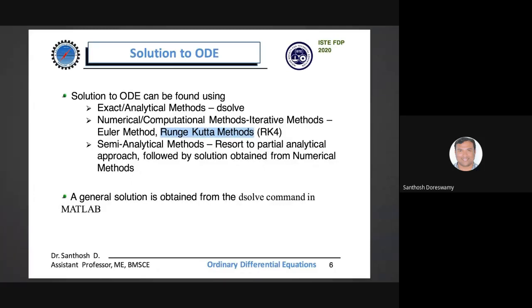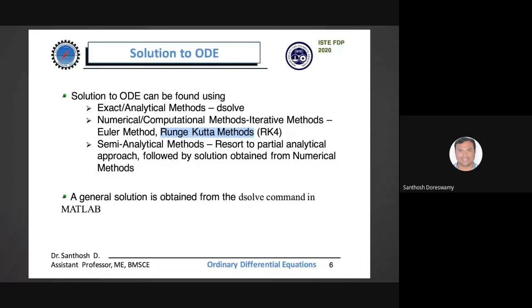The third class of solution that you would be interested to look into for ODEs are the semi-analytical methods. Here you will do a formulation, or you will try to solve the differential equation to get an equation to reduce the derivatives.